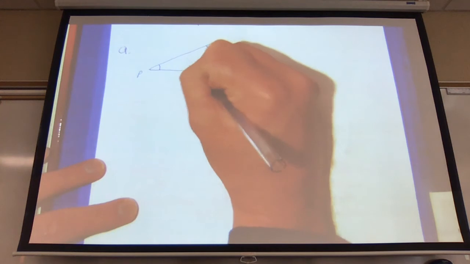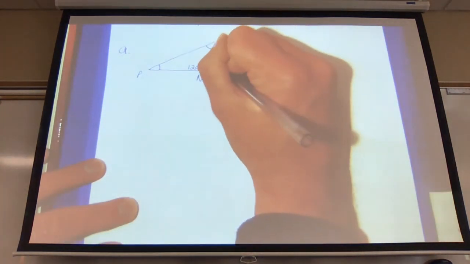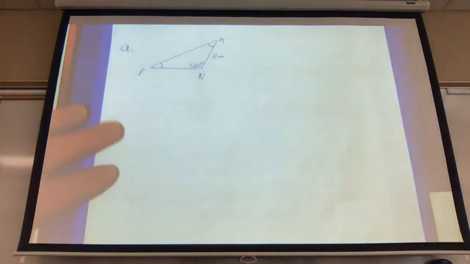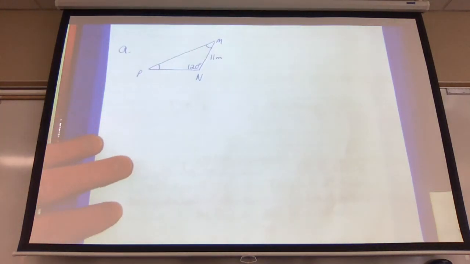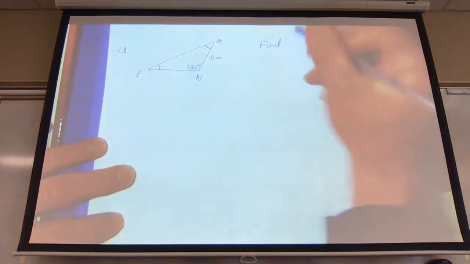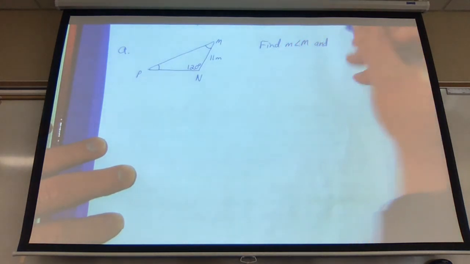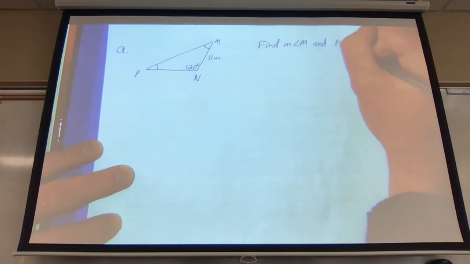Angle N is 120 degrees. And MN is going to be 11 meters. They're going to ask us to find two things. They want us to find the measure of angle M. And they also want us to find the length of PN.